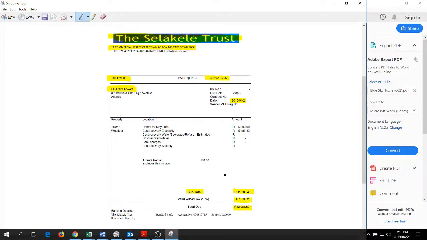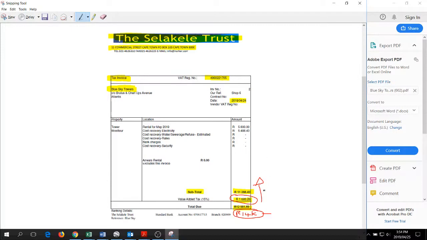Now what I want to point out as well, and this is a very important check for you ladies, is you need to be very, very careful, because sometimes companies will increase that amount and make it 2,500 Rand, and you'll end up with a 14,000 Rand invoice. And the problem with that is we then end up paying this amount. We claim a large amount of input tax, obviously, on this invoice.